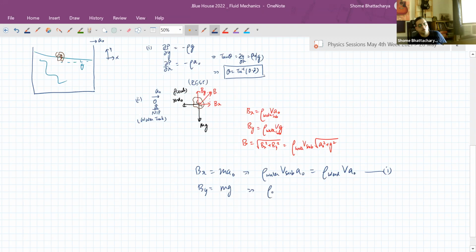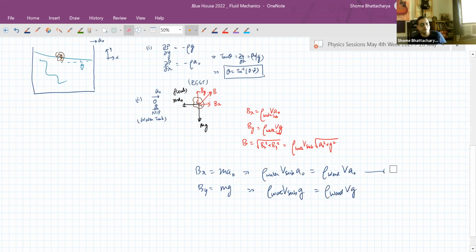Correspondingly, the horizontal component of buoyancy balances the pseudo force, and the vertical component of buoyant force balances the gravitational force, or the weight of the wooden block.